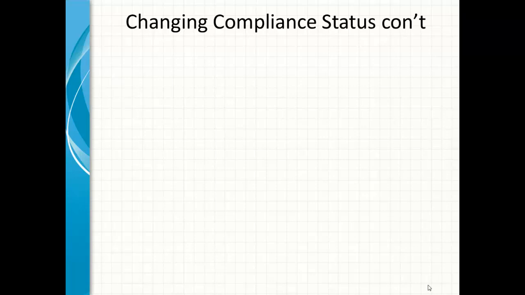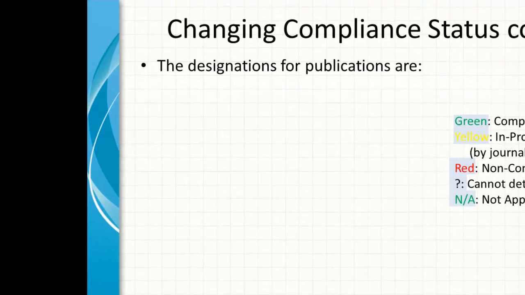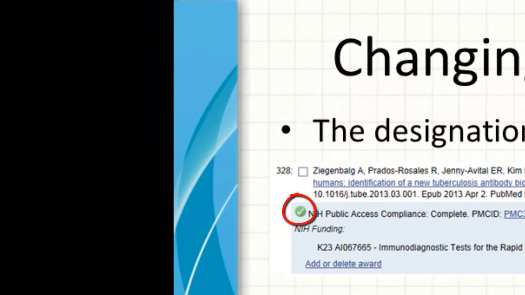In MyBibliography, each publication listed in the award view will have a compliance status associated with it. The various different icons are outlined here. Any publications that have a green check mark are compliant.